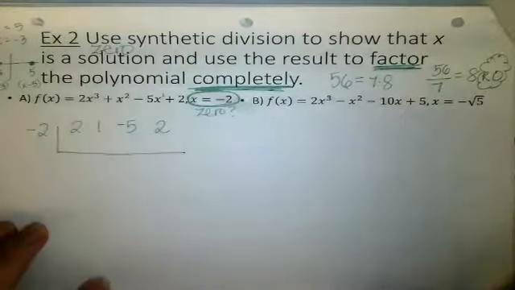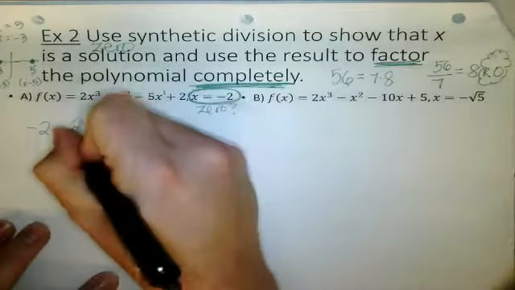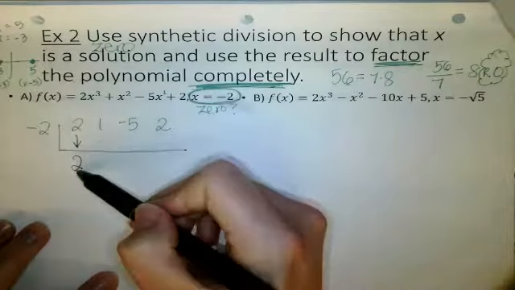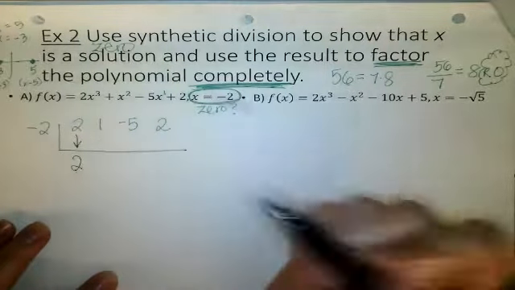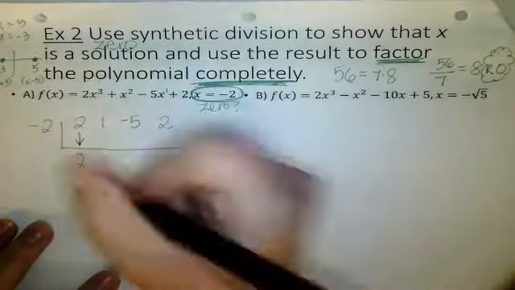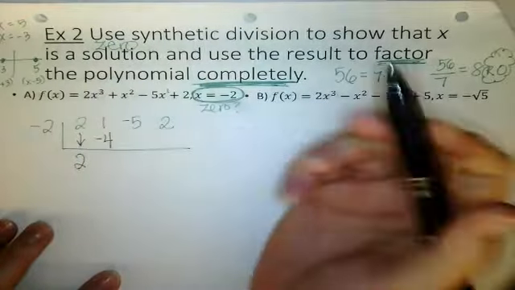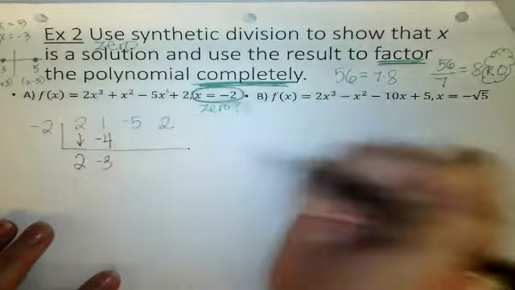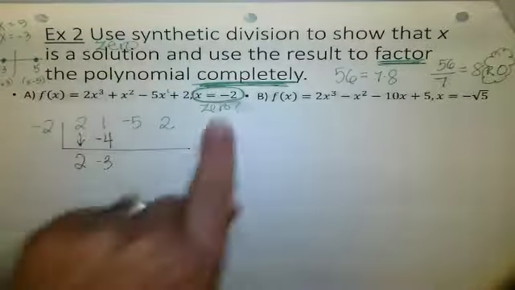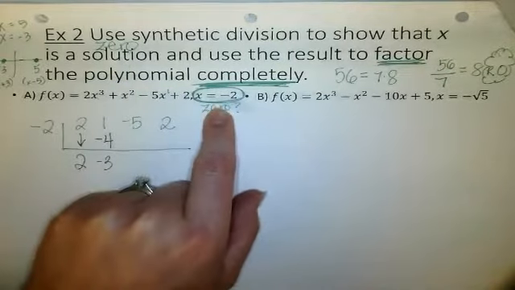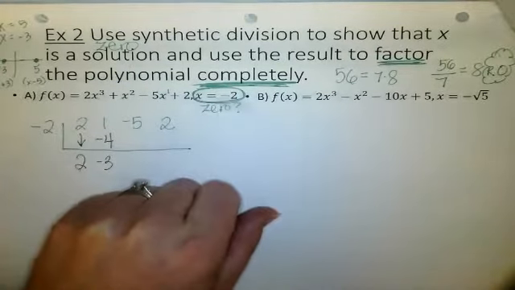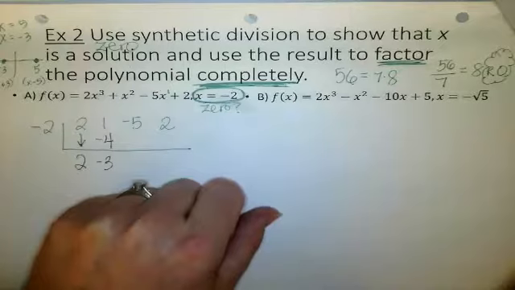And I'm going to go ahead and do some division here. 2, bring down the 2 and multiply. 2 times -2 is -4. Combine. Is it in bubble form? It's 0. Oh. It's already written as a 0. Okay.